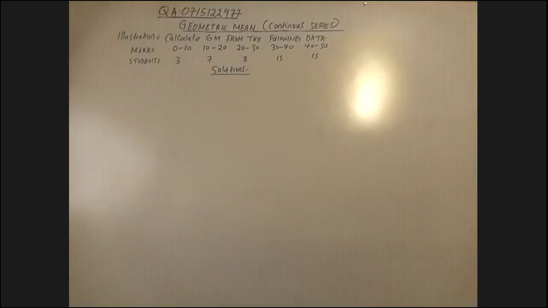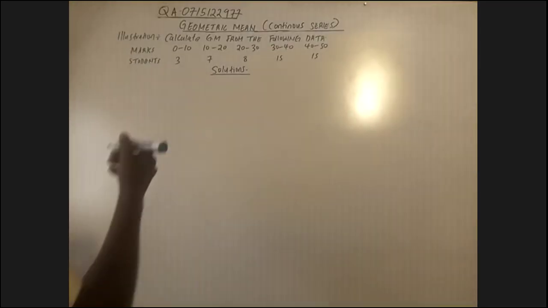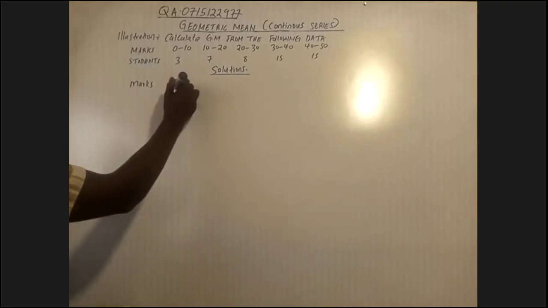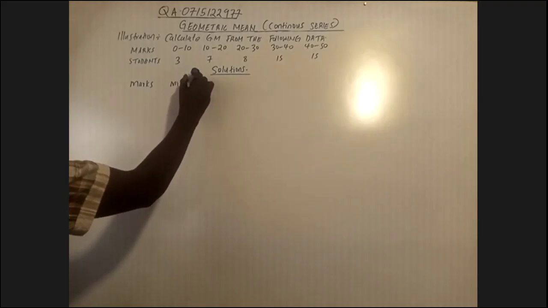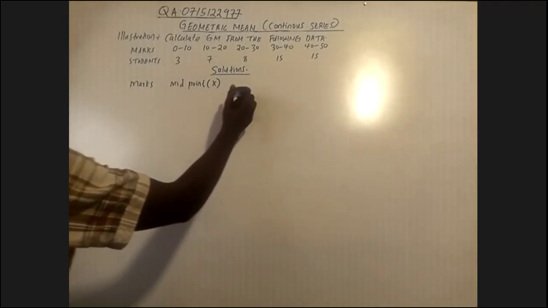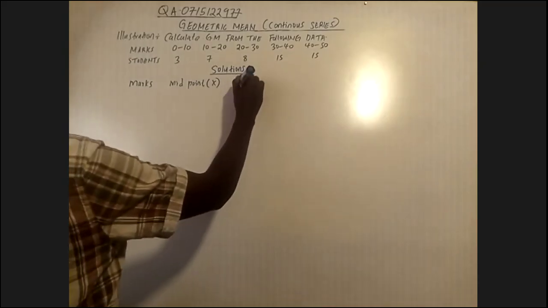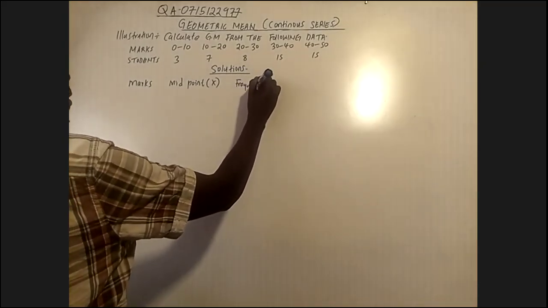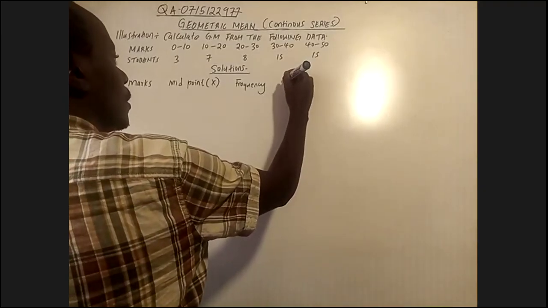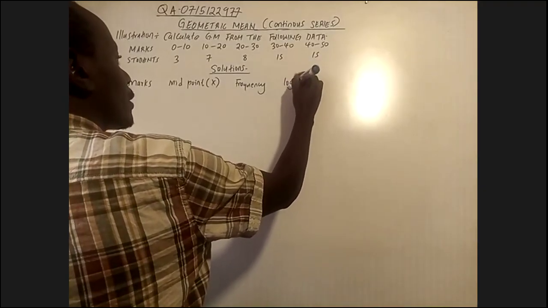Now we need to find the midpoint. So we have our marks. Then we need the midpoint, which is our x. Then frequency. Then log x.